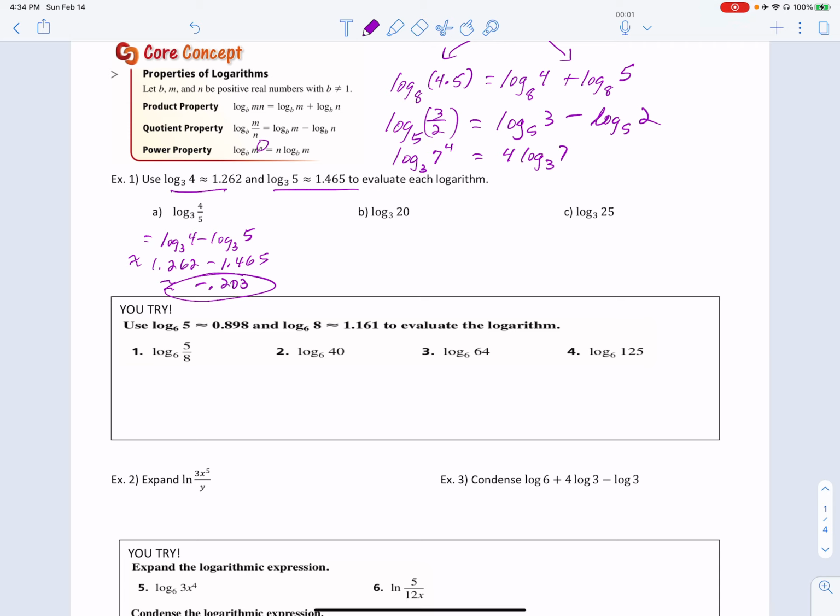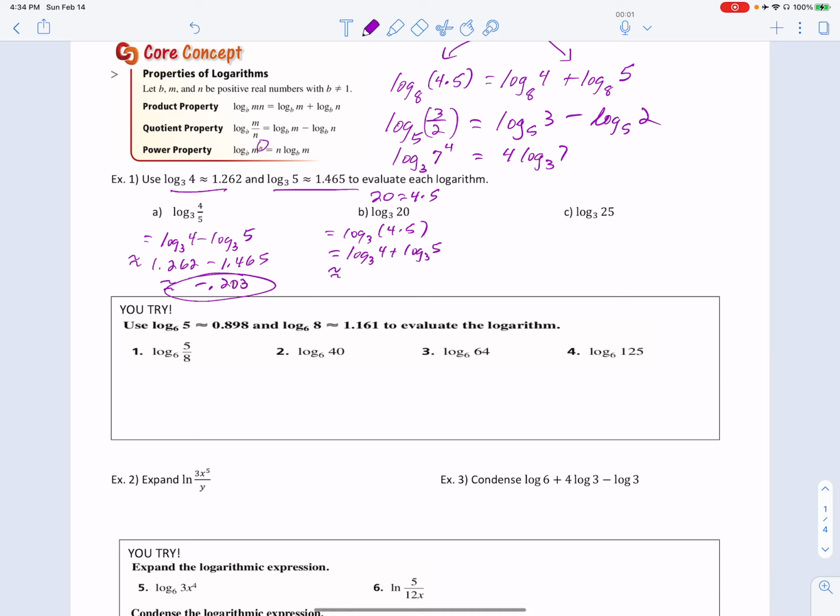In part B, we have log base 3 of 20. And it's like, wait a minute, neither 4 nor 5 is 20. Well, you've got to figure out how to write 20 in terms of 4 and 5. In this one, it is simply that the product of 4 and 5 is 20. So I can rewrite this as log base 3 of 4 times 5. Then I can use the product property that says this is equivalent to the sum of their individual logarithms.